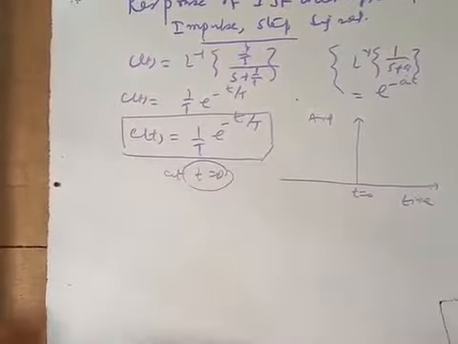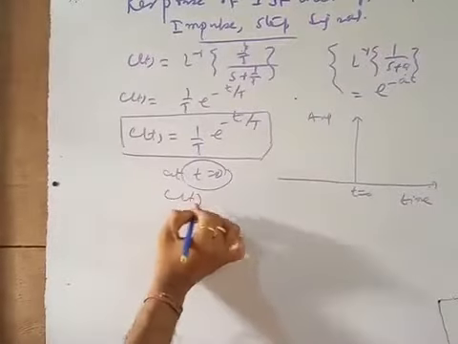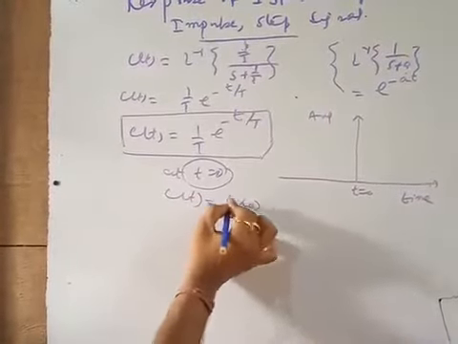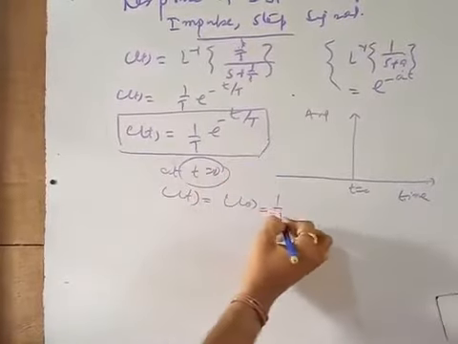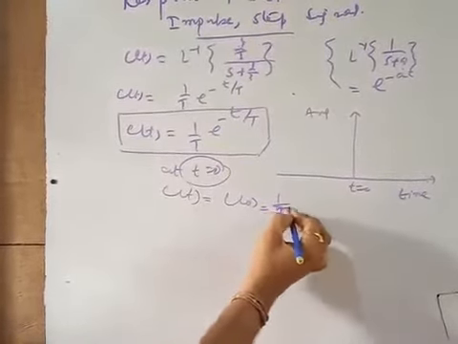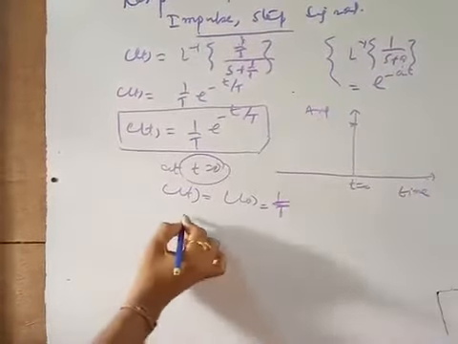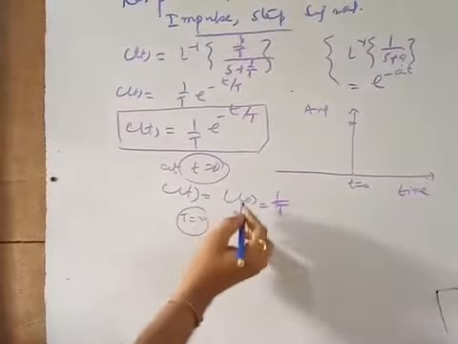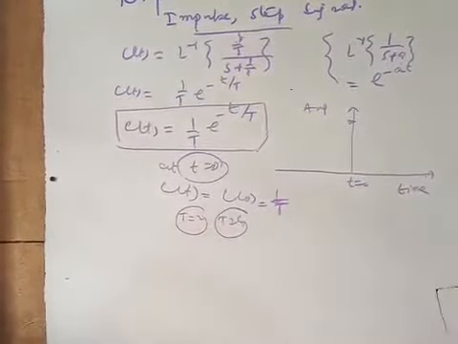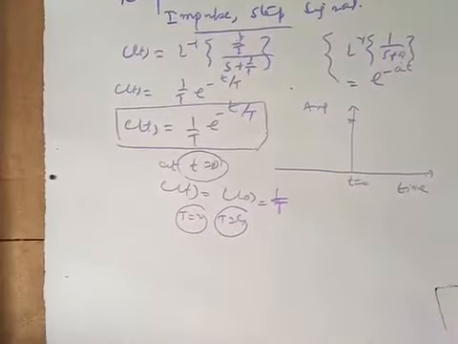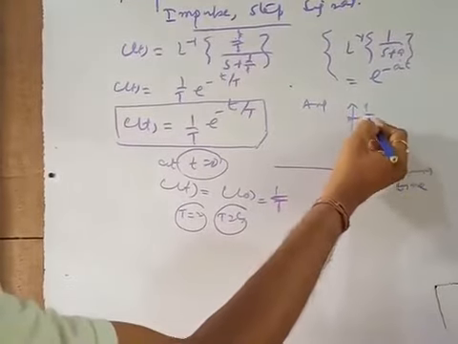Small t is equal to 0 means c(0), and at t is equal to 0, output c(0) is equal to 1 by T. Depending upon the value of T, if T is 2, c(0) is 1 by T. If T is equal to 4, then this will be 1 by 4, that means 0.25, and so on. So at t is equal to 0, there is a value 1 by T.